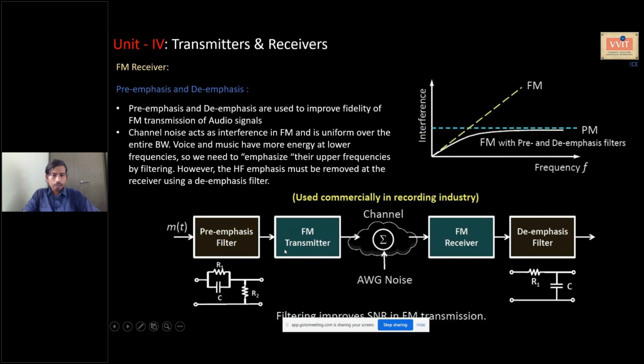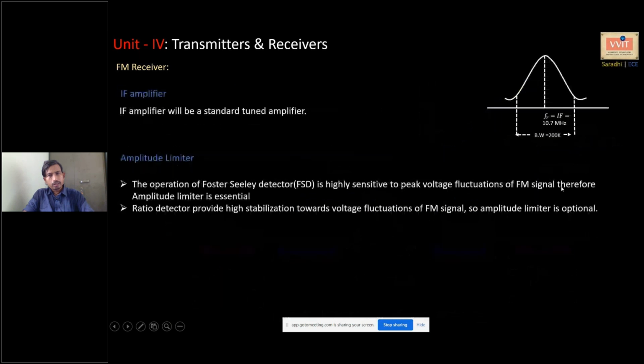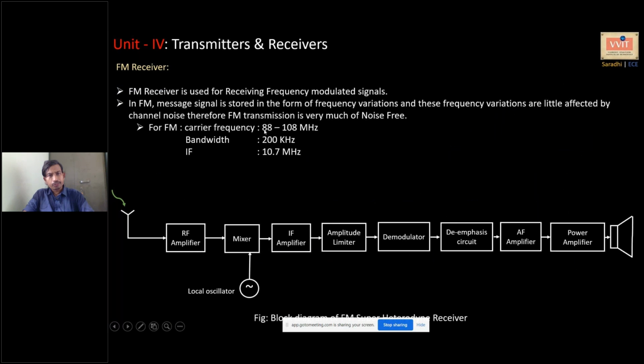This is before modulation is performed, this is after demodulation is performed. Now what is the scenario? We have carrier frequencies from 88 megahertz to 108 megahertz. This is a huge interval, in the order of megahertz.